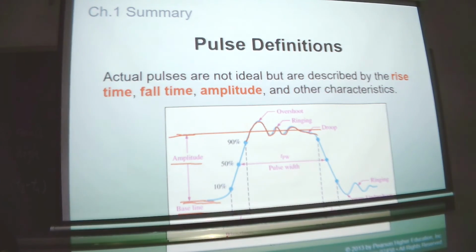Then the rise time. The rise time is defined from the point whose value is 10% of the amplitude, to the second point, whose value is 90% of the amplitude.